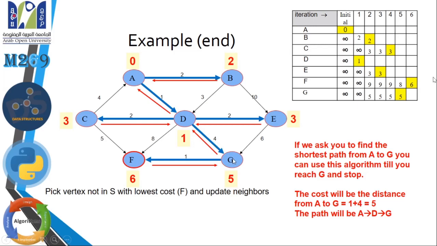So now it is 5. From G, I will go to the F, that is plus 1. It is 6. So that is the shortest path from city A to city F. The same for the rest. Notice the updates: it was infinite, 9, 9, 9, then 8, then 6. So that is the last one.